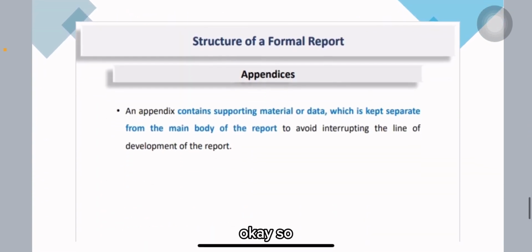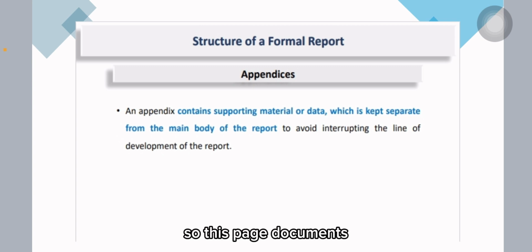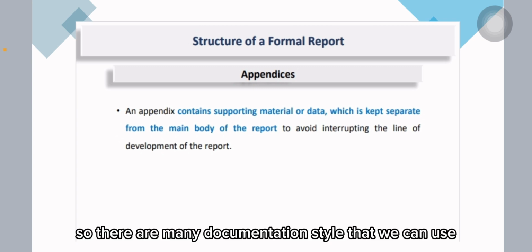Okay. So all formal reports should include a works cited page. So this page documents the sources cited within the report. So it is also called appendices. So there are many documentation styles that we can use.